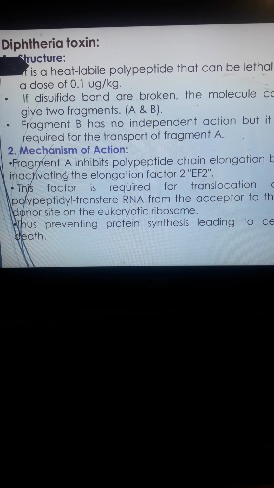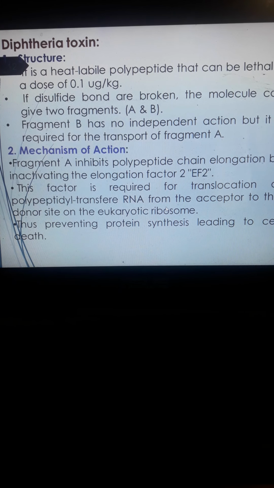Mechanism of action: fragment A inhibits polypeptide chain elongation by inactivating elongation factor 2, or EF2. Later on we'll discuss that one. This factor is required for the translocation of polypeptidyl transfer RNA from the acceptor to the donor site of eukaryotic ribosomes. Why?